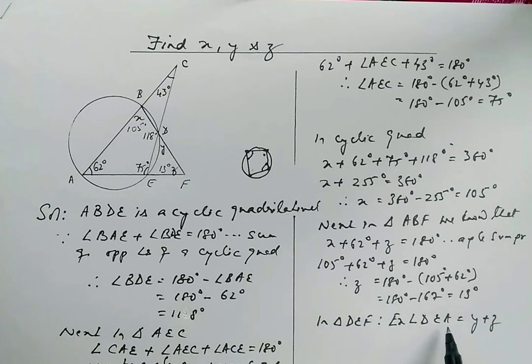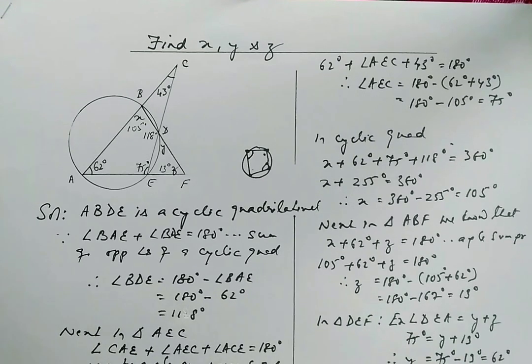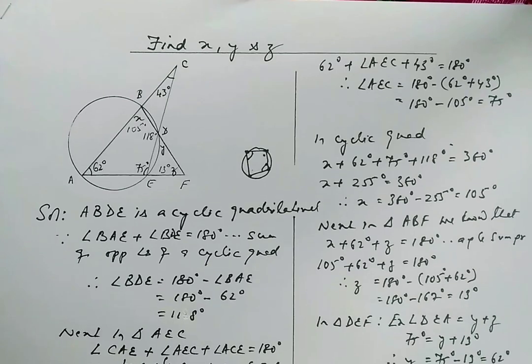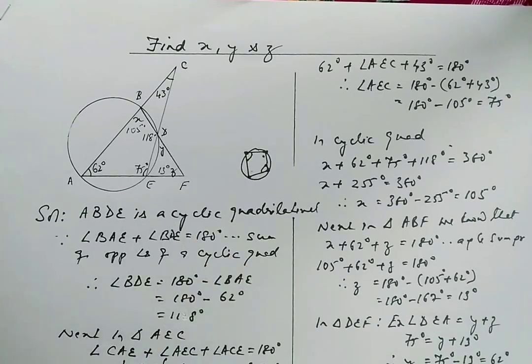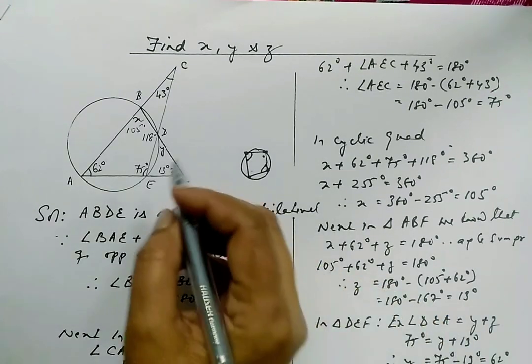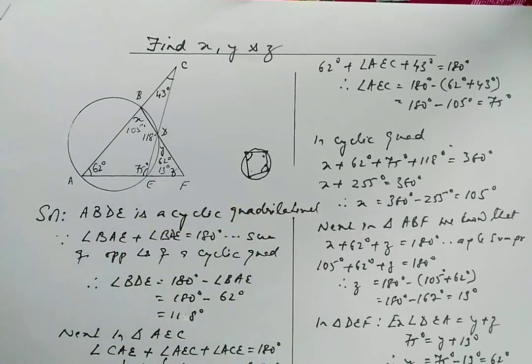Now, DEA is already known to us, 75 degrees. We don't know our Y yet, but we know our Z, which is 13 degrees. Therefore, Y equals 75 degrees minus 13 degrees, which is equal to 62 degrees. So this brings us to the end of our query, which is Y equals 62 degrees.